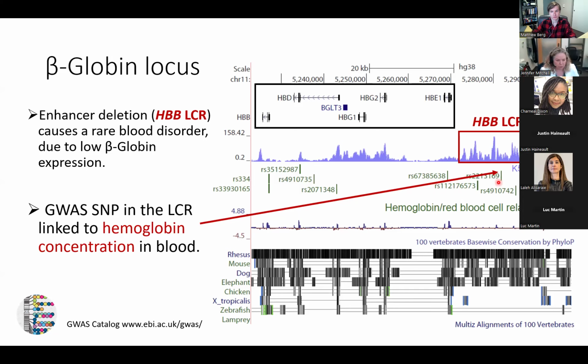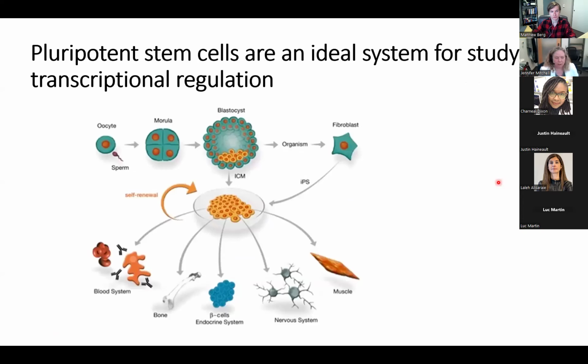Now, my lab doesn't work in this blood system, but mostly with stem cell models. We started off with pluripotent stem cells, which are a really great system for studying transcriptional regulation for a few reasons. One is that early on, we had a really good idea about some of the critical transcription factors that are important for maintaining this pluripotent state.